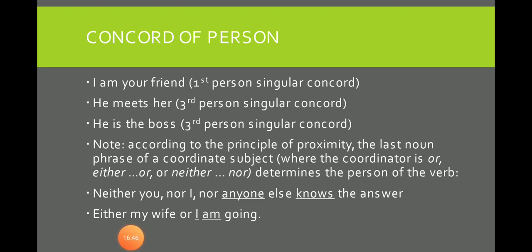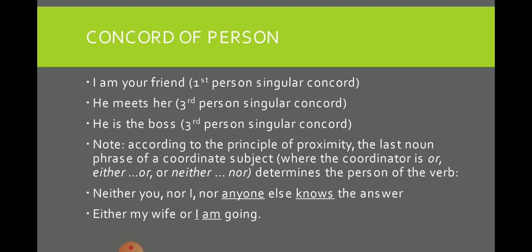So we move toward the second example. He meets her. In this example, we have a third person subject, which is he, and a verb which is used with s, third person singular. If we look at this example, how many types of concord do we have here?